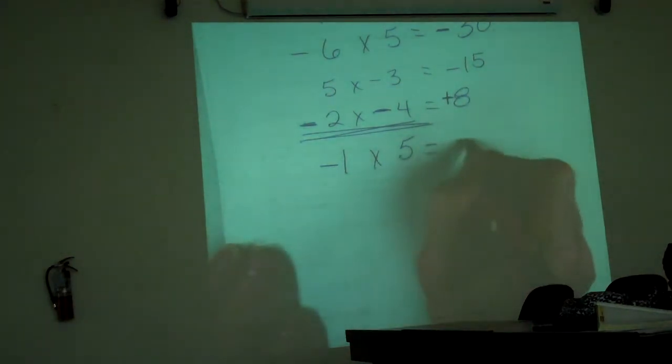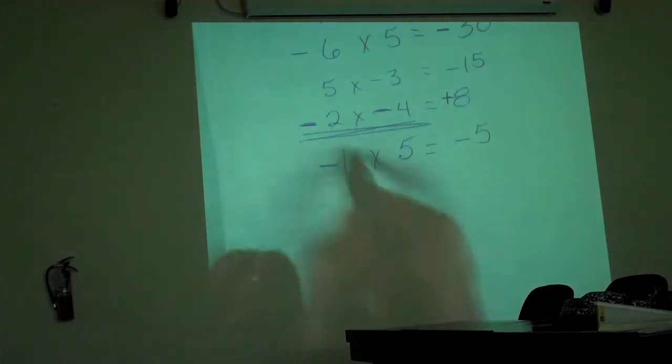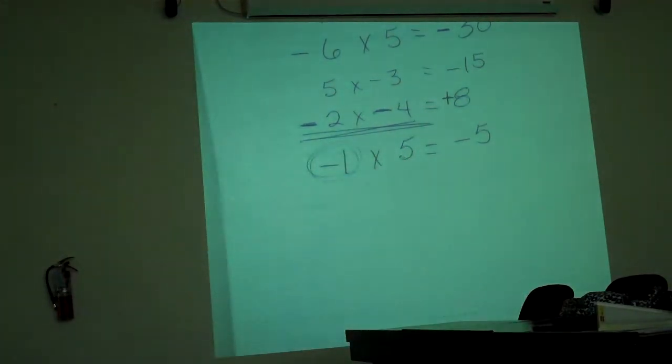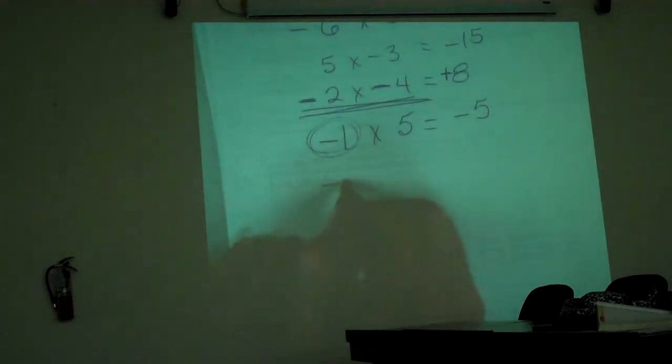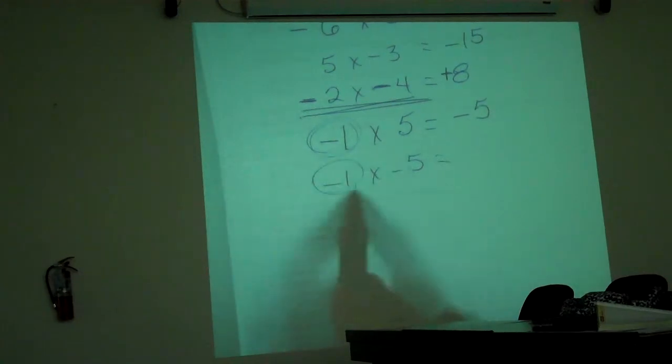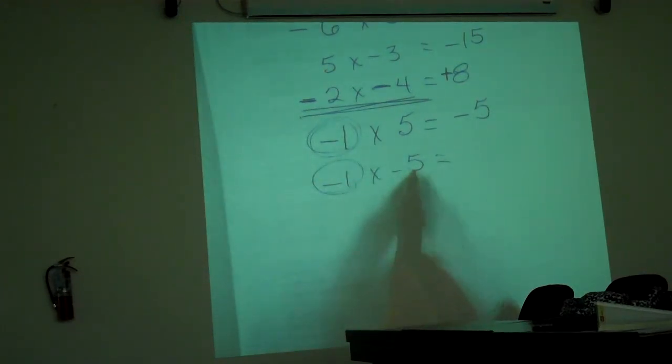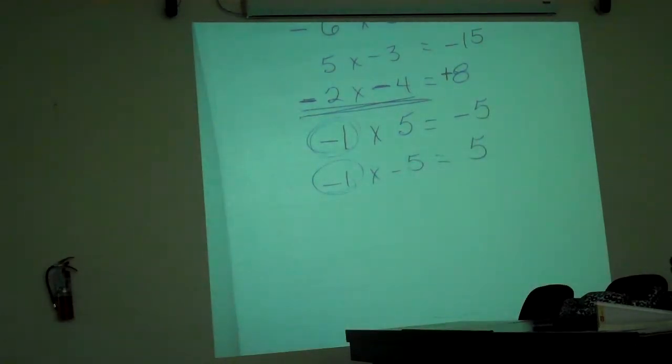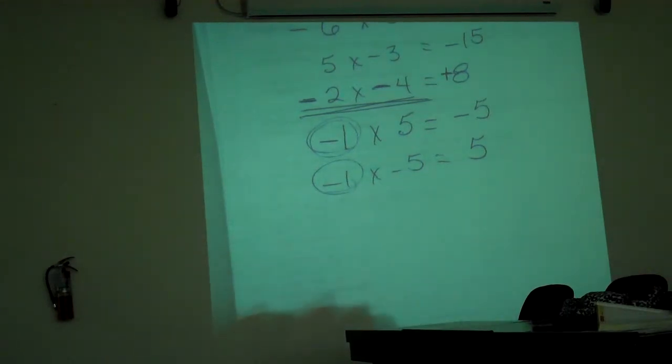See how it's negative 5? This negative changed the sign of that. Negative 1 times negative 5. This changed the sign of the negative 5. It made it a positive 5, right? So for multiply and divide, just do your normal multiply or your normal divide and look at the sign.